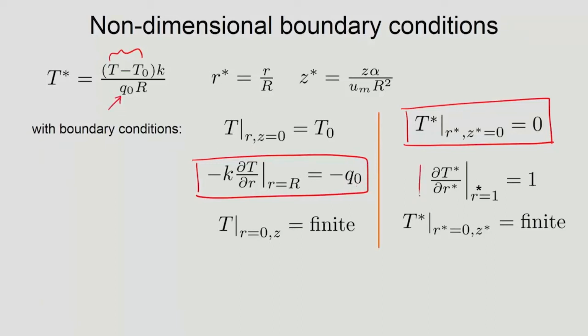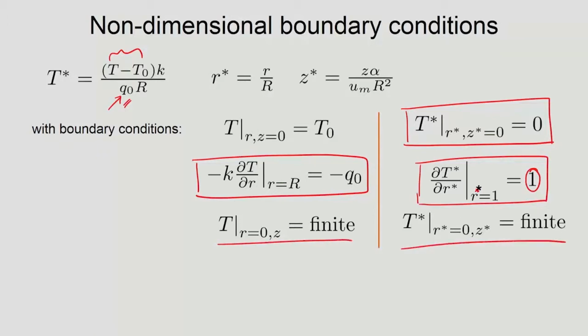So that actually gives you a very elegant boundary condition for the wall: dou T star by dou r star at r star equal to 1 is just 1. So this 1 is what actually makes life very simple. When you have zeros and ones in the equation, the integrations become very easy, and that's the hindsight with which we have introduced q naught into the T star definition. And then the finiteness condition is the same, we just leave it as such.